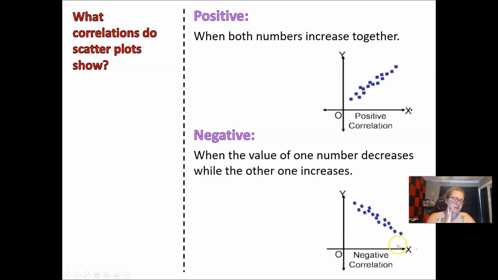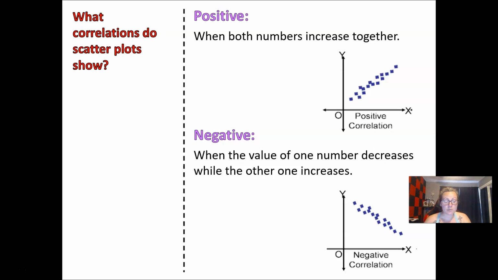But my y's, when x is 1, y is up here at, we'll say, 10. But when x is 5, y is down here at 6. And when x is 10, y is down here at 3. So the y's got smaller when the x's were getting bigger. Visually, the graph goes down. Numerically, one value will be getting bigger while the other value is getting smaller.